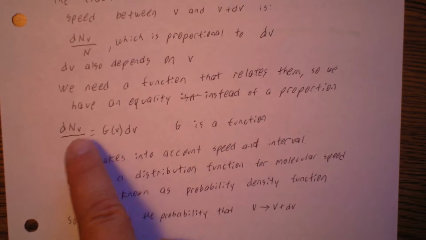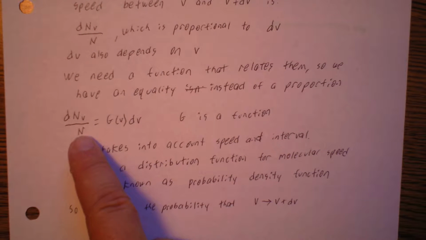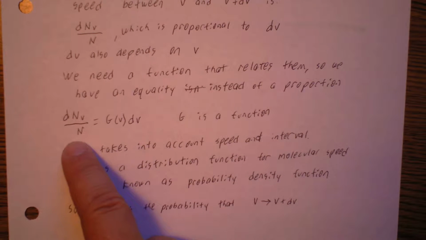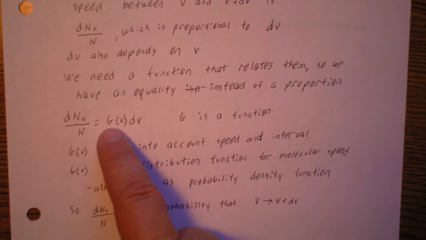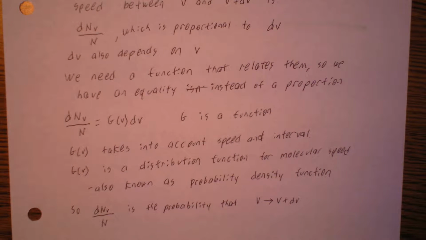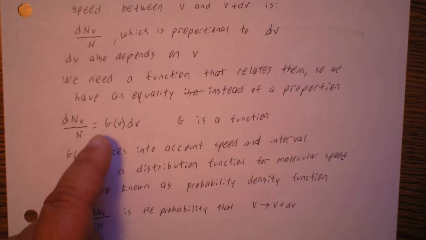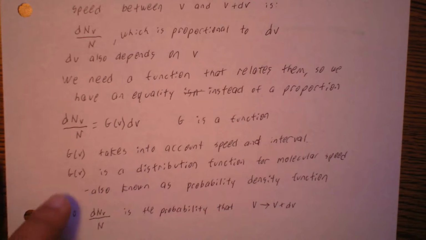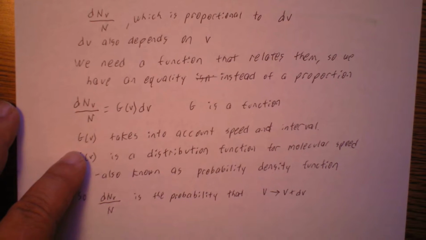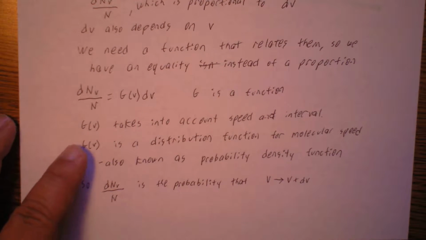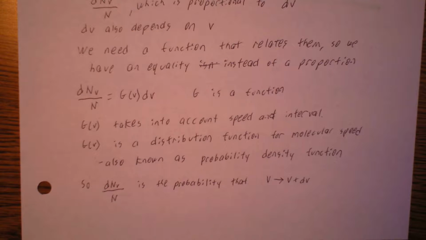So we're going to have this differential of the number of molecules at speed v divided by the number of molecules equal to this function capital G of v times the differential of speed, dv. This G of v is a function. We don't know what the function is yet, but hopefully we can figure it out. G of v takes into account both the speed and whatever interval we're talking about.